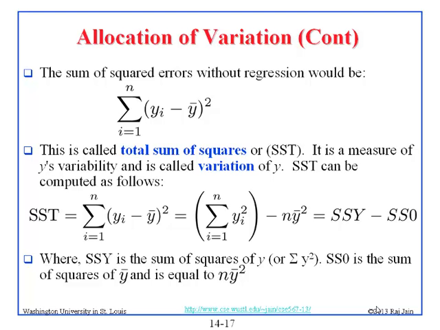This is called SST, sum of squares total, which consists of two parts, SSY and SS0. We will see why we call it 0, but basically SST can be divided into two parts.